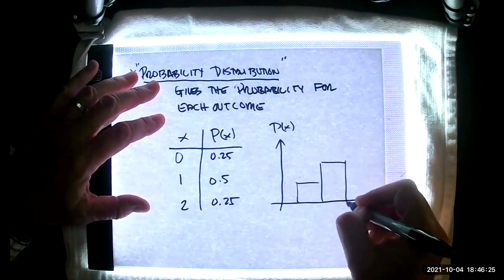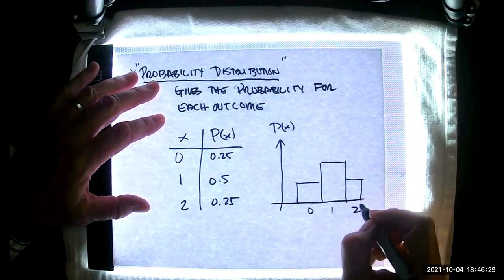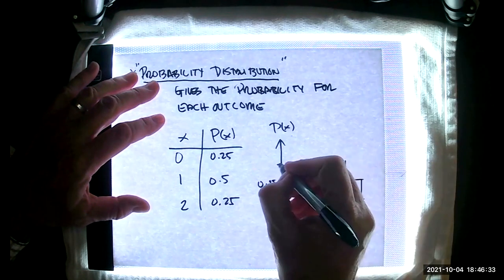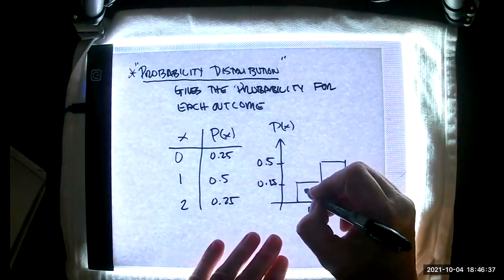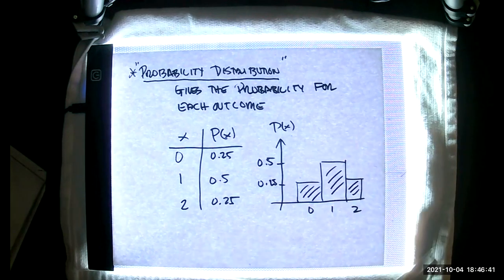I'm not going to dwell on this overly long: 0, 1, 2. So there's the 0.25, there's the 0.5. And as I say, there's a couple of different ways of going about doing these kinds of things. There's a formula approach, if you will. But that's really a probability distribution.